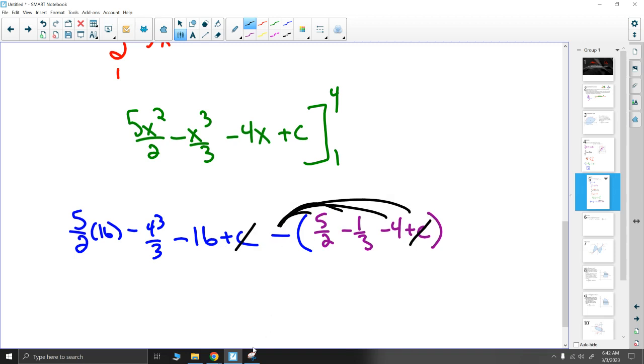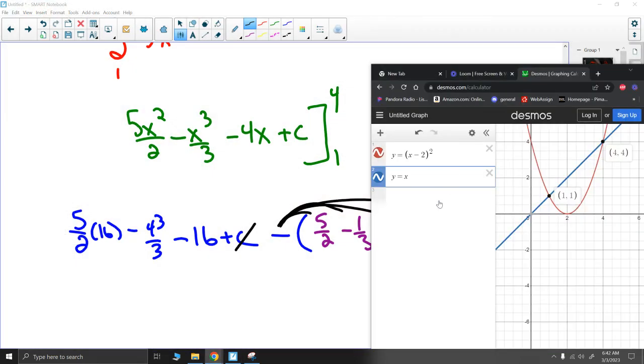Okay, so I'm going to just go over to Desmos and type this in so I don't mess something up. We have 5 times 8 minus 4 to the third over 3 minus 16.